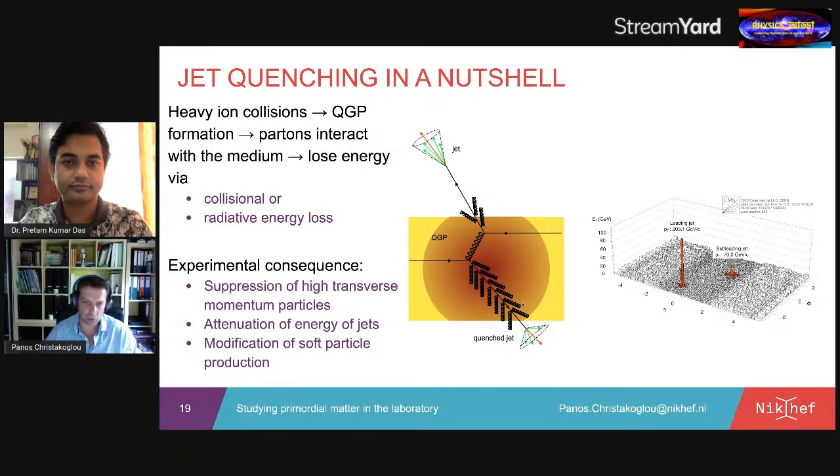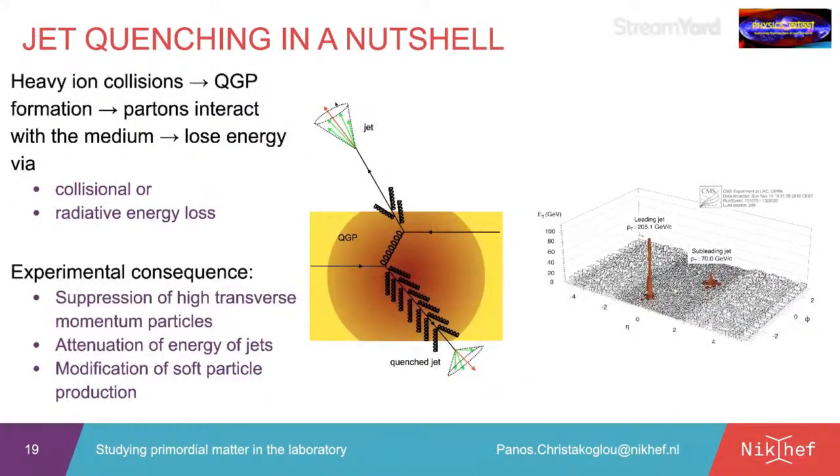I mean, the energy is not lost, it's distributed to other soft partons, and it will fragment at the end also and create a second jet, but this second jet will not be as energetic as the first one. It will be of lower energy, and it will also be broader, because this parton has been interacting with the medium by far more than its partner.